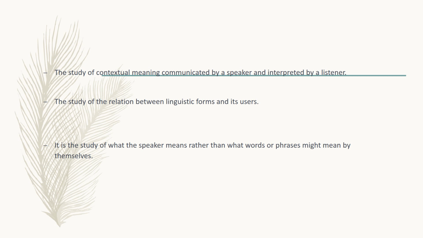He presupposes or assumes that the hearer knows about it, and we shall take them one by one. The last one is the study of what the speaker means rather than what words or phrases might mean by themselves. You can choose any one of these three definitions.